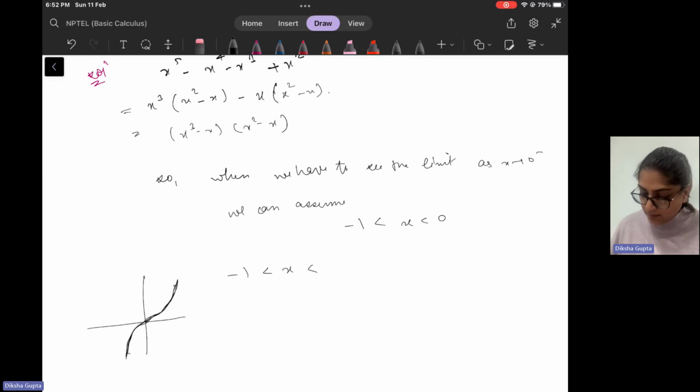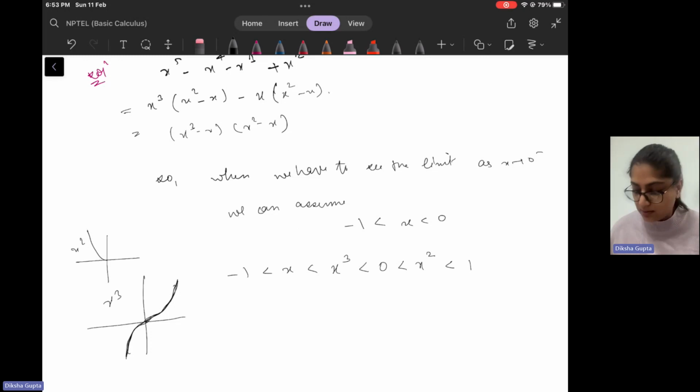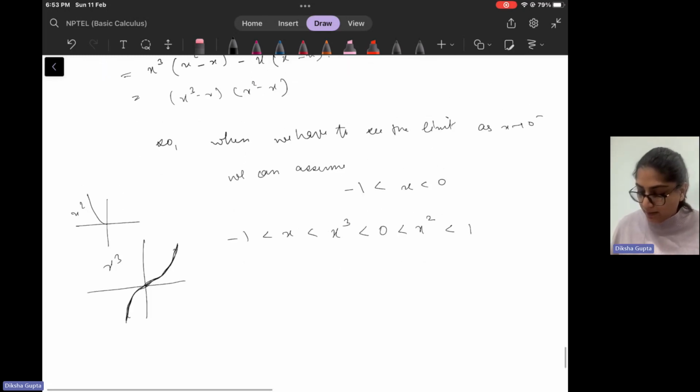So x will be less than x cube, and x cube will be less than 0 when x is less than 0, right? And x square will be positive, but x square will be less than 1 because x is greater than minus 1. Again, when you square it, since x is less than 0, x square will become less than 1 because the graph of the function x square for x less than 0 is decreasing like this. So this is the relation between x cube, x square and x.